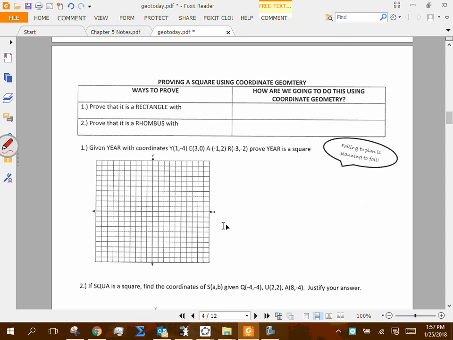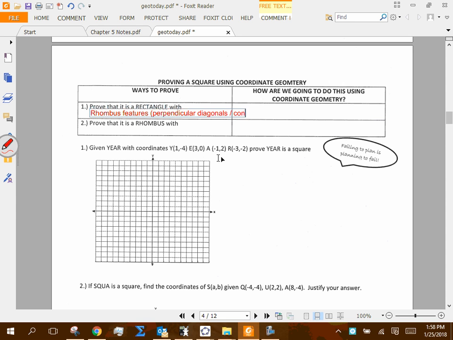Okay? Cool. Thank you. So what we're looking at here then, it says prove that it's a rectangle. And I'm going to write here with rhombus features. And maybe that means perpendicular diagonals.